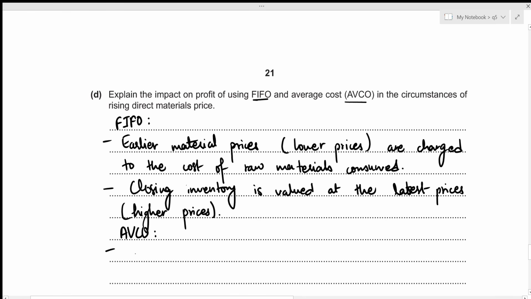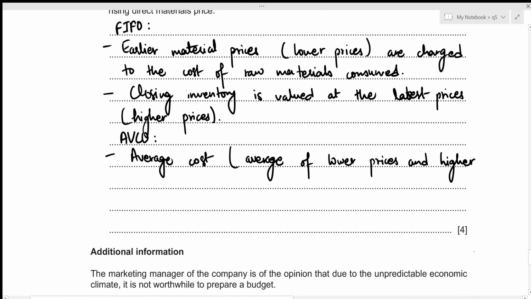Average cost, which is the average of lower prices and higher prices, is charged to the cost of raw materials consumed.